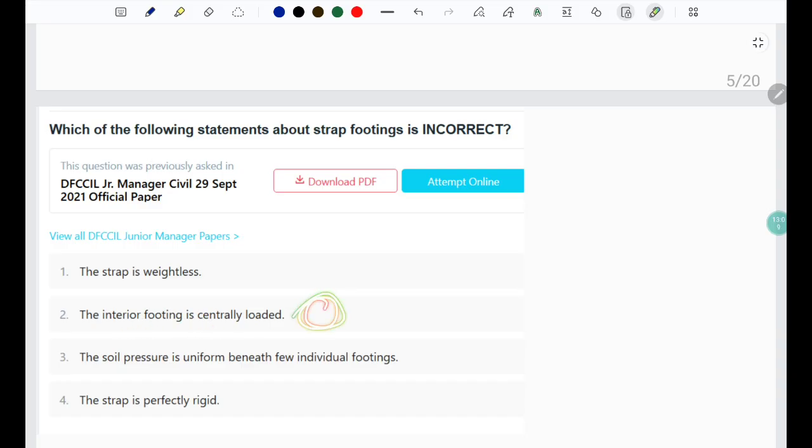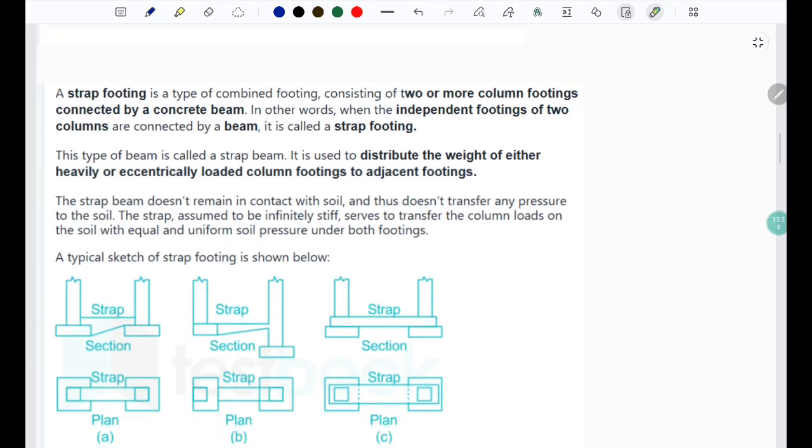Yes, the interior footing is centrally loaded. Then it says the strap is perfectly rigid. Yes, it is one of its assumptions. It says the soil pressure is uniform beneath few. This is where it is wrong. Instead of few, soil pressure is uniform beneath all the individual footings. So yes, let us see.